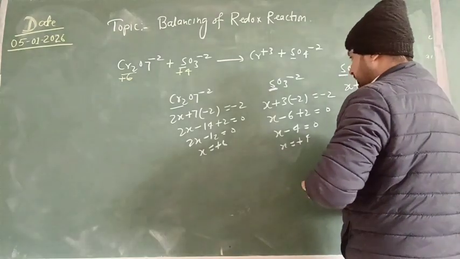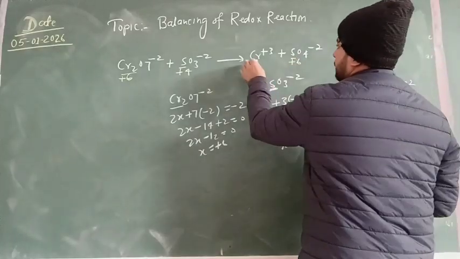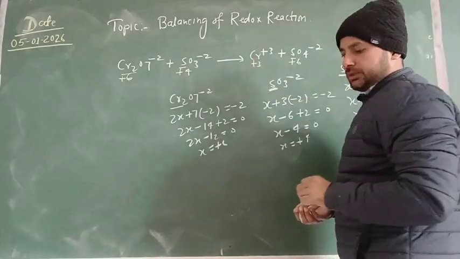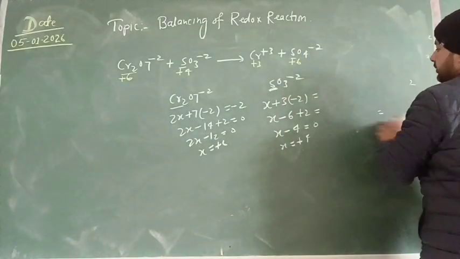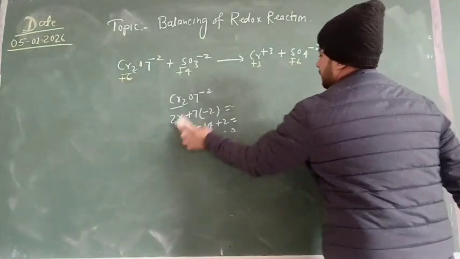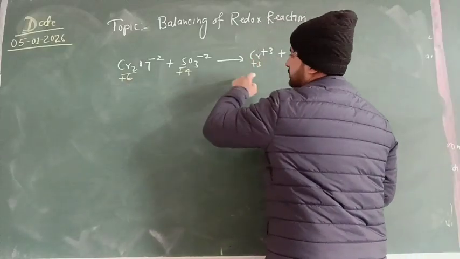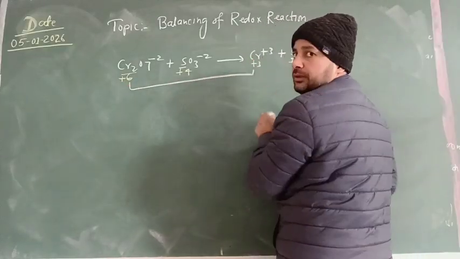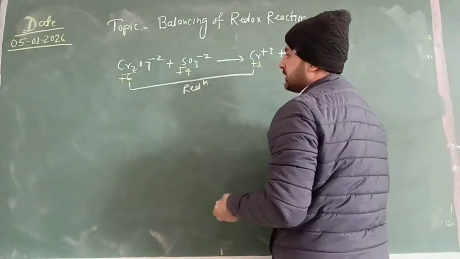So the oxidation number here is plus 6, and here plus 3. We can see the oxidation number is changing. Here chromium changes from plus 6 to plus 3, so there is a reduction. The oxidation number is decreasing, so it is reduction.